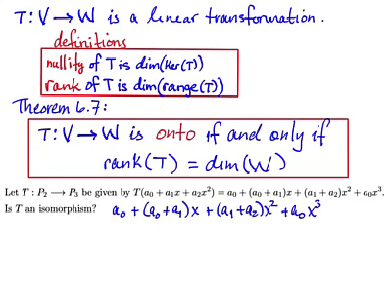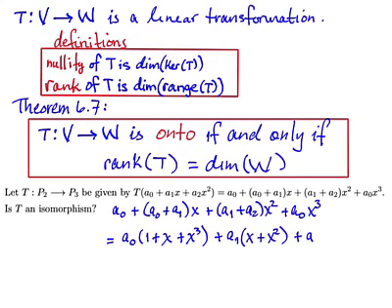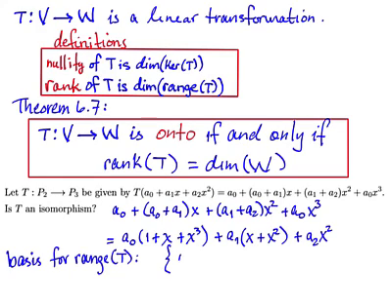So I can rewrite this polynomial as a0 times (1 plus x to the third) plus a1 times (x plus x squared) plus a2 times x squared. And that means we've got a basis for the range because these three polynomials are actually linearly independent.